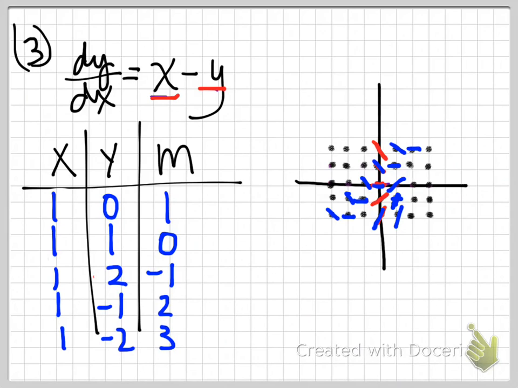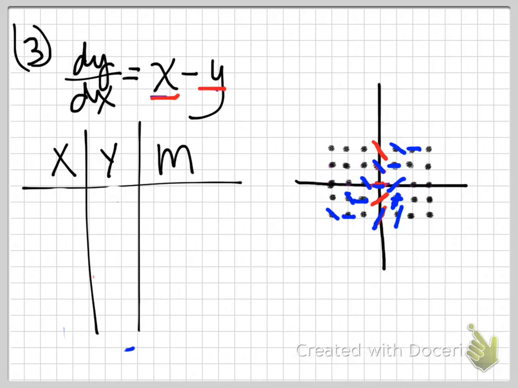Alright, let's check some of the 2's. When x is 2 and y is 0, I'm going to have 2 for my slope. So, sure enough, that's a 2, and that's a 2, and that's a 2, which means this one's also going to be a 2. So along this diagonal right here, we have 2's again.